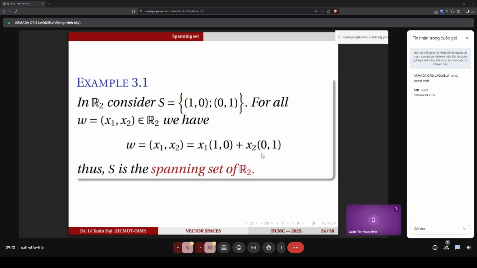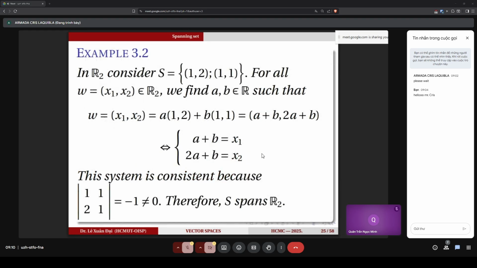Now this is easy if that is (1, 0), (0, 1). So what about if it's not that set? For example, what if we have (1, 2) and (1, 1)? If you have (1, 2) and (1, 1), you cannot multiply x1 with (1, 2) plus x2 times (1, 1), because when you do that, it will not result in (x1, x2), correct?